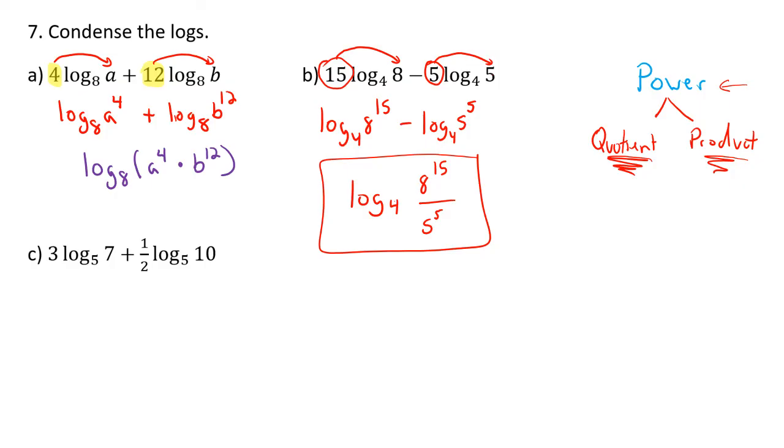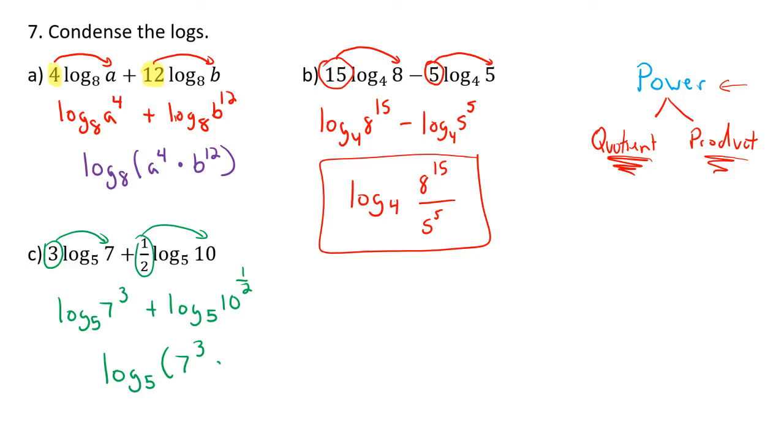Part C, same idea. You're going to take those numbers in front of the logs and move them into the exponent position. So you have log base 5, 7 to the 3, and then plus log base 5, 10 to the 1/2. We're going to write it as a single log. We have a plus, so we're going to use times. So we have log base 5, 7 to the 3 times 10 to the 1/2. Now, we're not going to leave it as a 1/2. We can rewrite that as a radical.